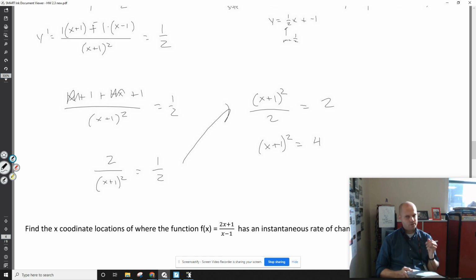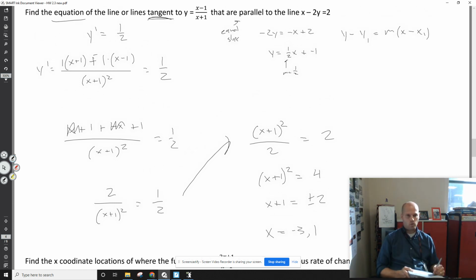There are two ways to do this, but might as well do the easier way, which I think is square rooting both sides and making sure you know that this could be positive or negative, so that when you square, you get positive 4. So I get this plus or minus 2. Subtracting 1 from positive 2 is 1. Subtracting 1 from negative 2 gives us negative 3. So I get two locations, negative 3 and 1.